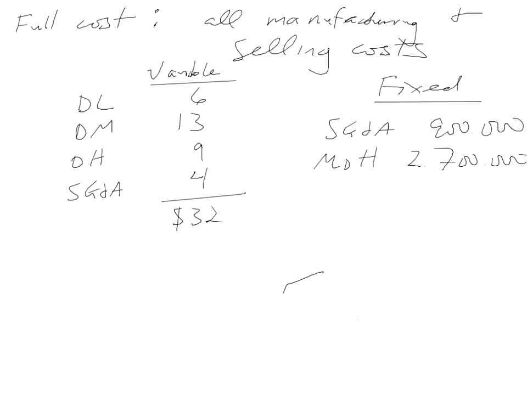So that's going to add up to $3,600,000. Okay, so that's my total amount for the month, but I have to break it down into a per unit amount. So in the first case, we're going to divide by 300,000 units.